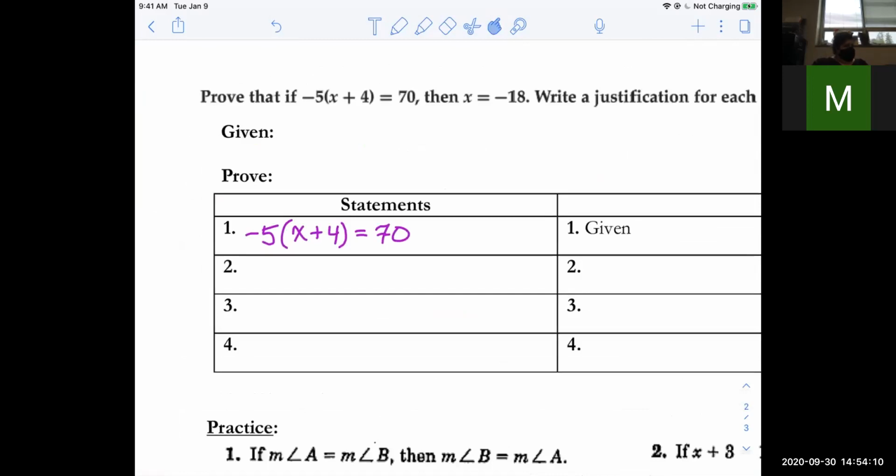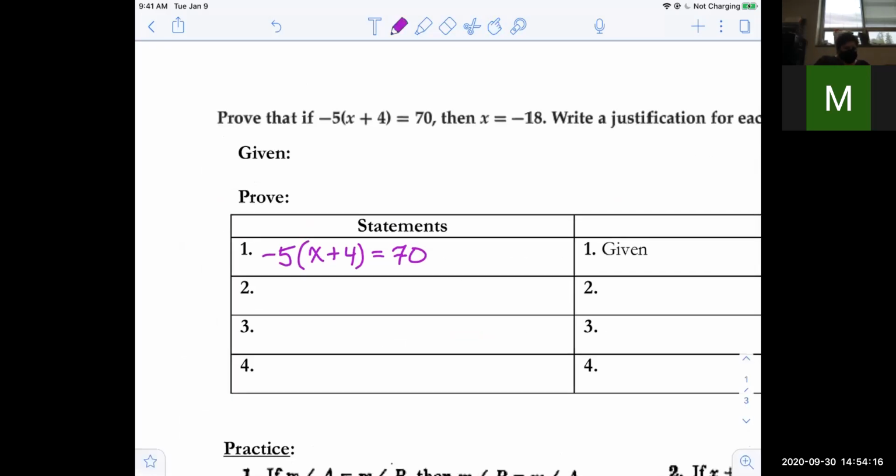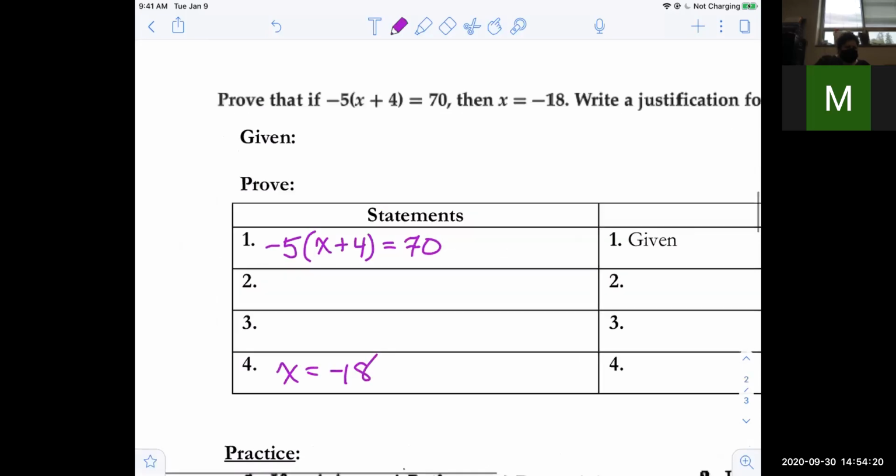X equals -18. The statement will be what you're trying to prove, right? So we know when we start the problem that x equals -18. Our given is the equation. Remember, this is your hypothesis, that's your given, and this is your conclusion, that's your proof. If -5 times the quantity x plus 4 equals 70, then prove that x equals -18.